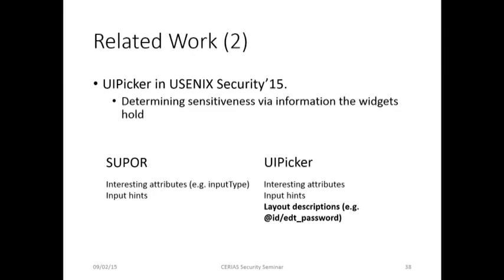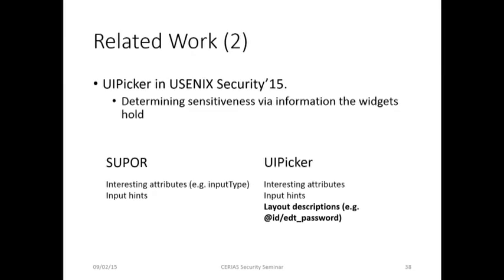For example, some names of the references may contain some sensitive keywords, like the name of the ID might be add password. Then this indicates that the input field is a password field, or this is add email. That indicates that the field is an email field.